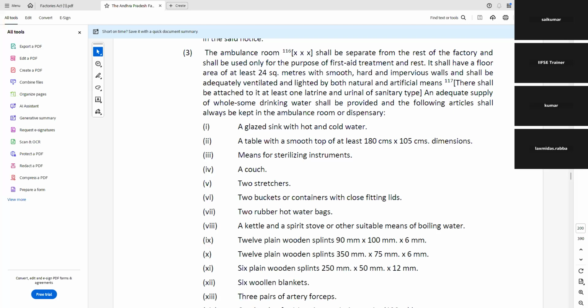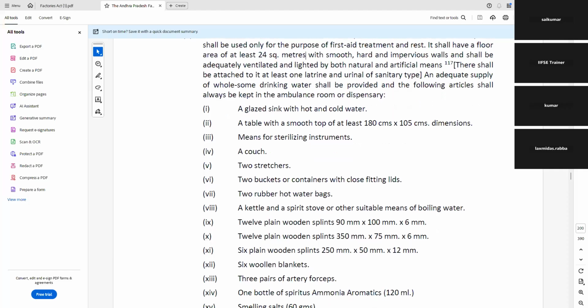No, in the sense, ambulance room in the sense it is a first aid center only. Here the terminology they mentioned is ambulance room. It is not an ambulance, the vehicle. It is a room only. That's where they mentioned the 24 square meters area. Okay, sir.